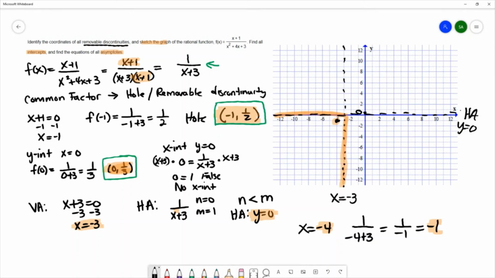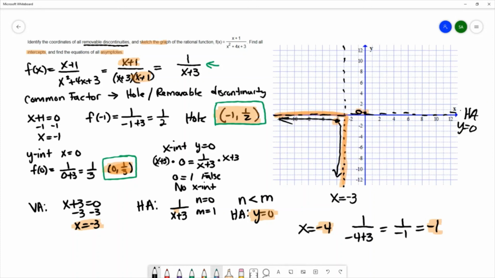So I'm going to draw the graph by approaching those two asymptotes. And then on the other side, I'm going to focus in on that hole in the graph as well as the y-intercept. The hole in the graph and the y-intercept will connect to each other.